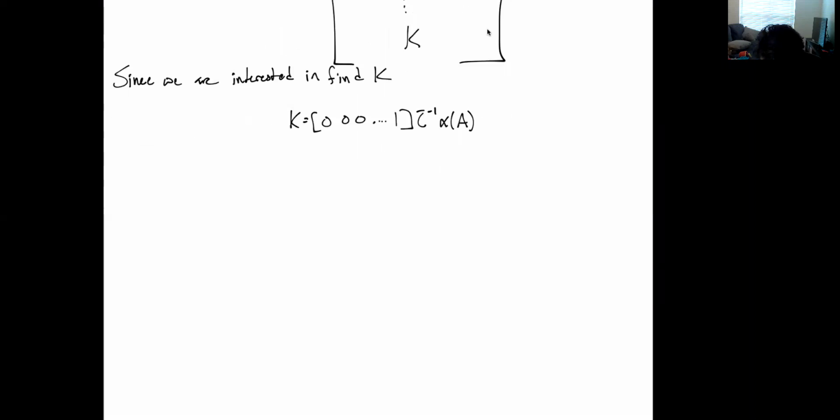And so this is called Ackermann's formula for the controller. Ackermann's controller formula.